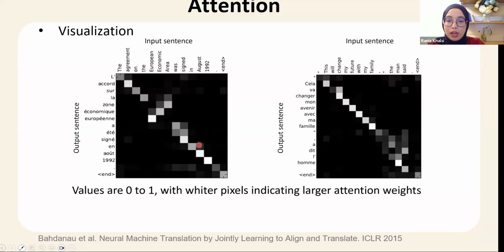So what we have is these two different sentences, okay? For the first one, the agreement on the European Economic Area was signed in August 1992, okay? And in this sentence, the word, let me say, token having most importance is 1992, which makes sense because this sentence is mainly giving you an idea about the date.